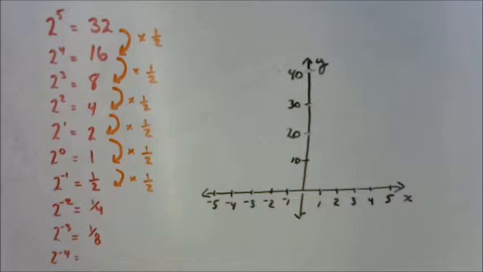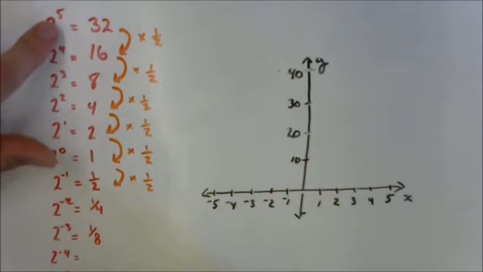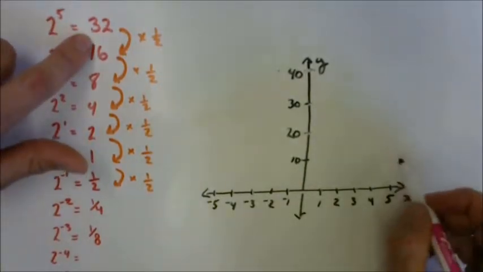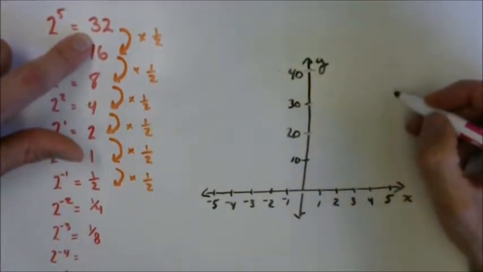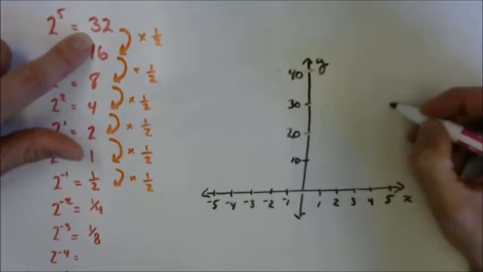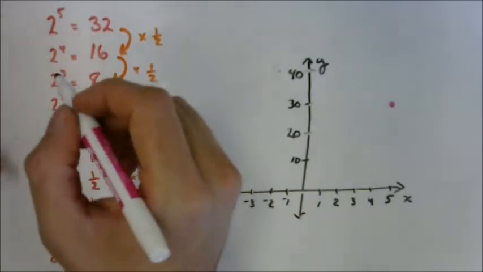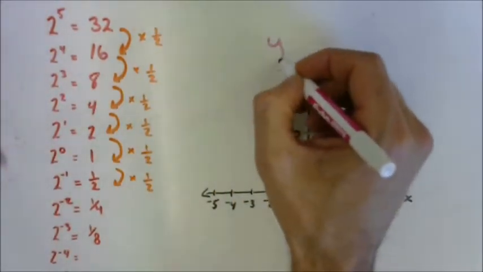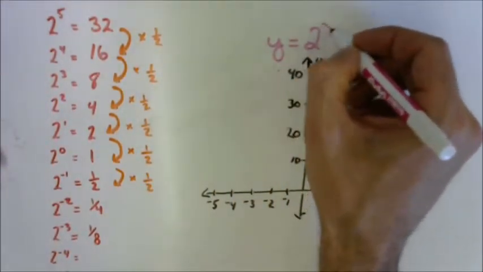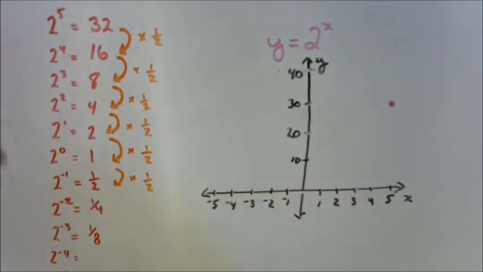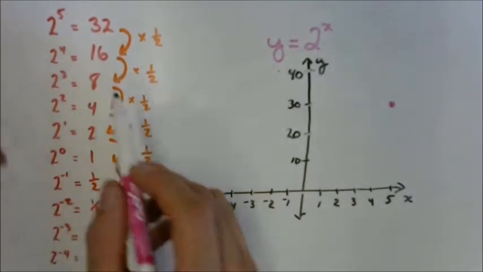And now we want to carefully plot our points. So when x was 5, we were at 32. Where x is 5, we're up here at 32. Where x is 4, right, because this is y equals 2 to the power of x, we're at 16.